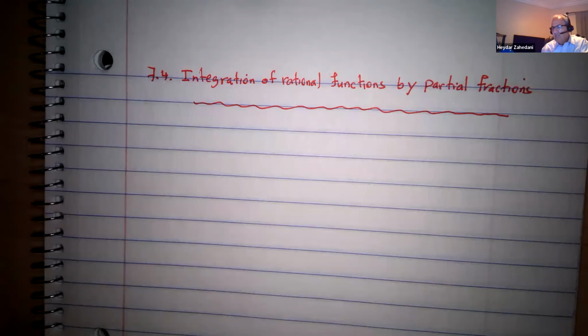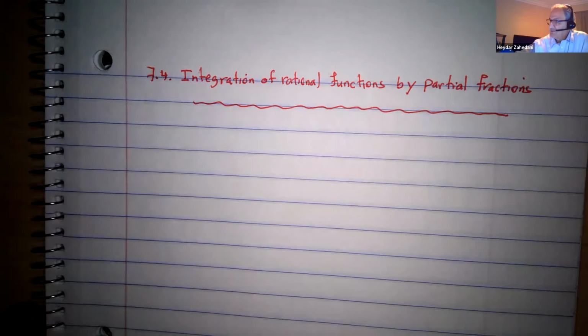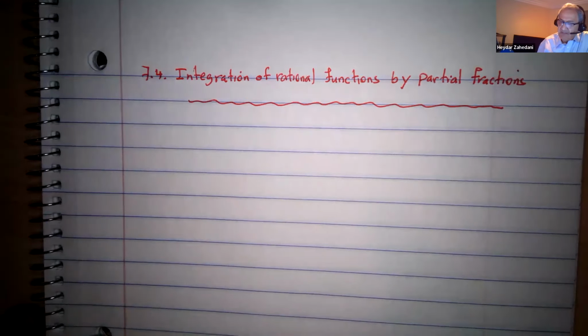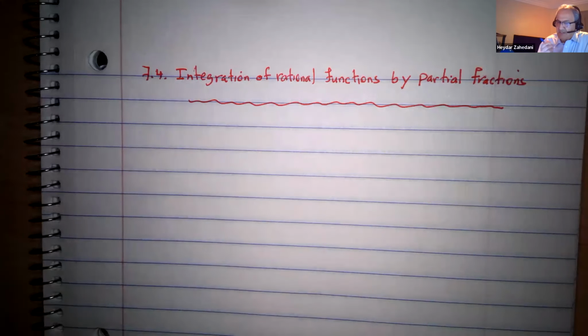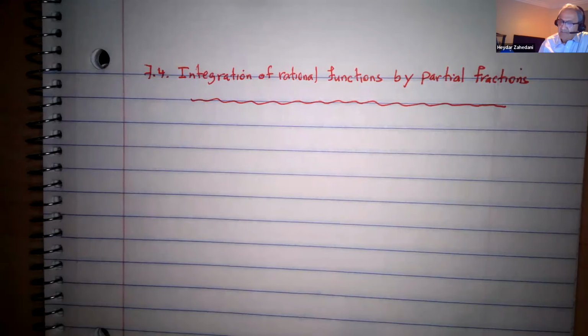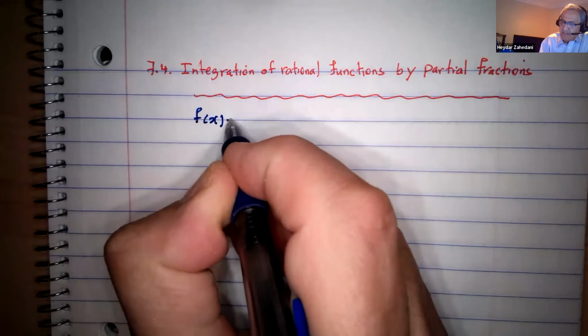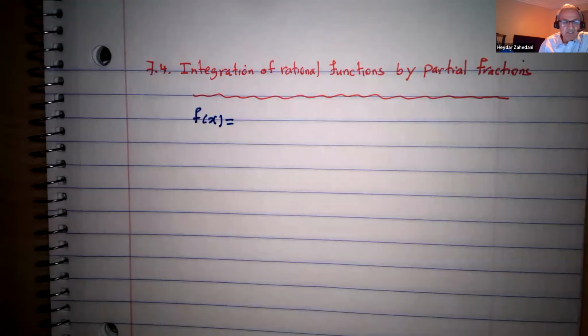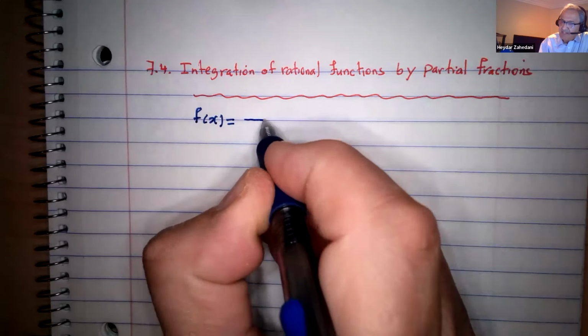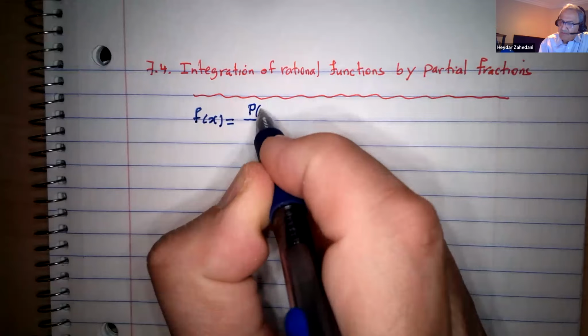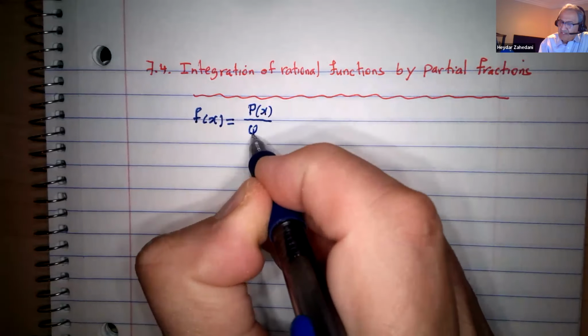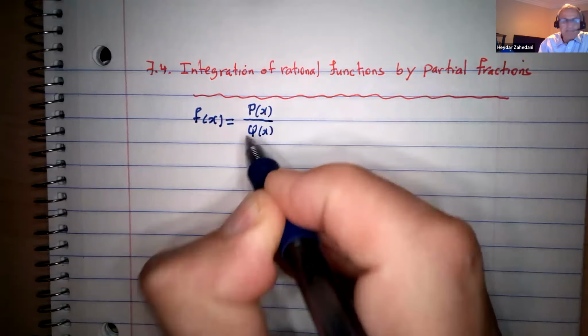So basically, to start with, suppose a rational function is given to you. So this is going to be our rational function, f of x, equal to p of x on the top, and q of x on the bottom.